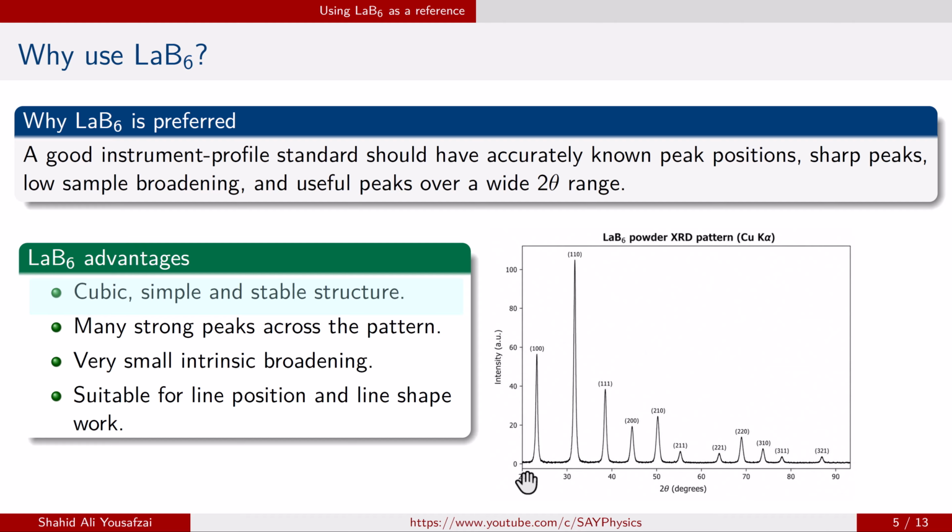Its simple cubic structure gives a clean diffraction pattern, and its low sample broadening helps us see the instrument contribution more clearly. This is why LaB6 is especially useful for line position and line shape calibration, and why it is preferred when the purpose is to build an instrument profile.